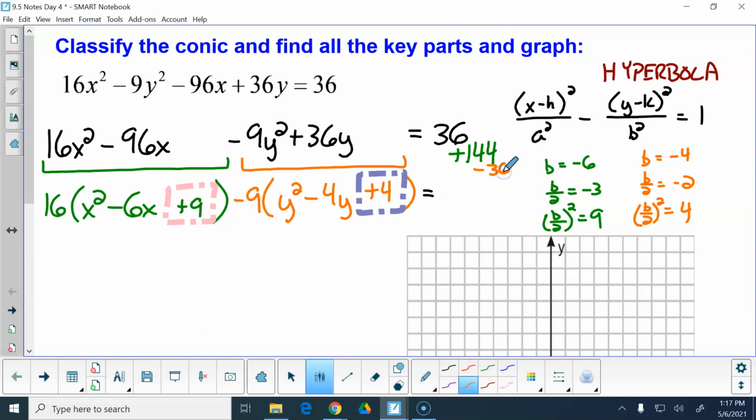And where did the 144 come from? Because it's 9 times 16. Because the 9 is inside the green parentheses, and 16 is controlling. Okay? So all told, this is equal to 144.